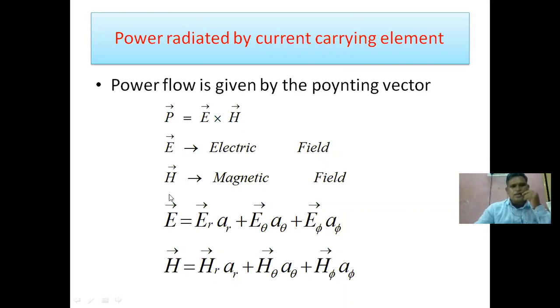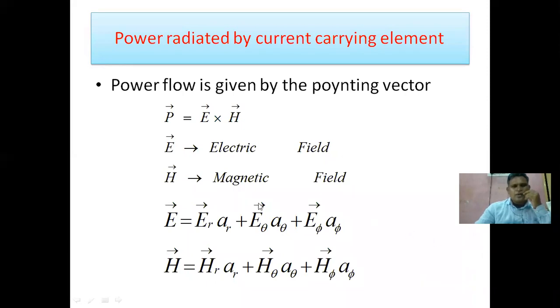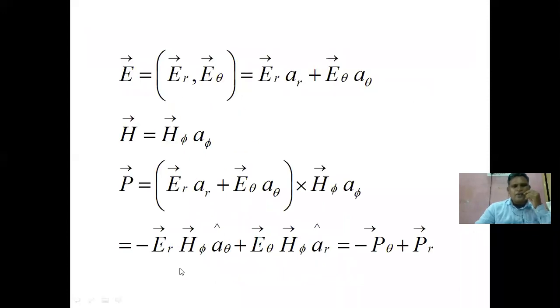We know the electric field intensity is a vector. It has R component, theta component, phi component. Similarly, H also has R, theta, and phi components. In our previous derivation, we have seen that E has only an ER component and an E theta component. Similarly, the magnetic field has only a phi component.